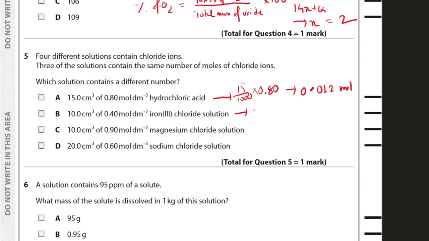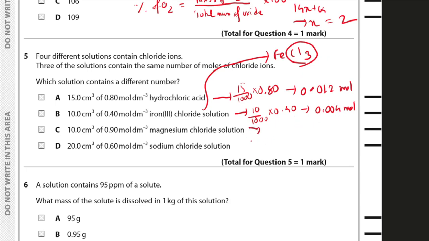Again, if you check out the moles present in the iron 3 chloride solution, that would be 10 divided by 1000 times 0.40, giving you about 0.004 mole. And the formula FeCl3 indicates that the chloride ions per FeCl3 will be 3. So per molecule 3 chloride ions is going to have a mole of 0.012.